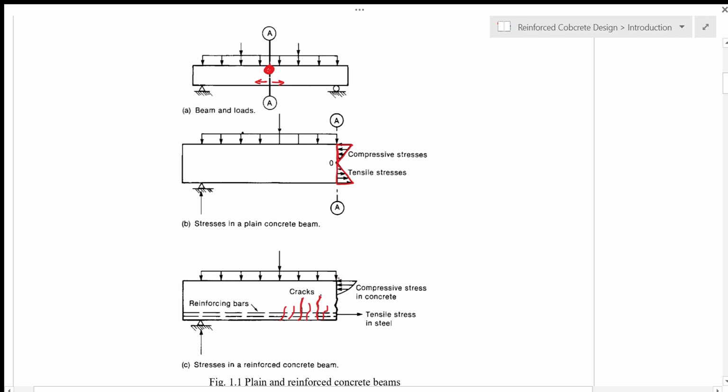This part of the beam will be subjected to very high compression, and the part that has cracked cannot carry tensile stress in the concrete, so those tensile stresses will be transferred onto the reinforcement. That is the basic concept of reinforced concrete.